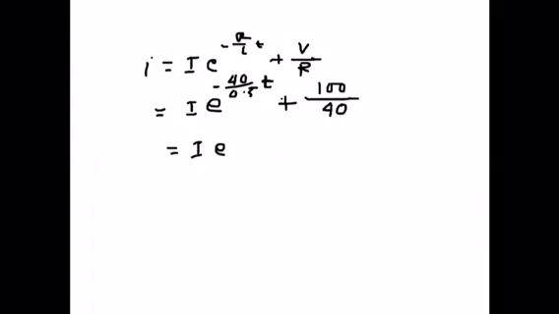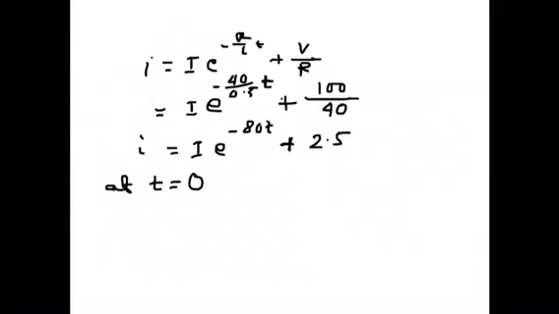So I e to the power minus 80t, it's a big one though, plus 2.5. Now at t equal to 0, we have the boundary condition i is 10 ampere.